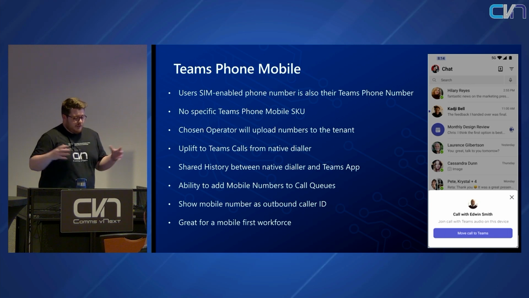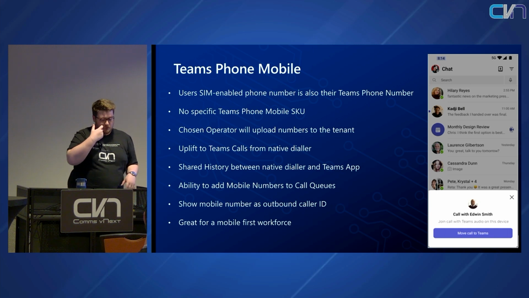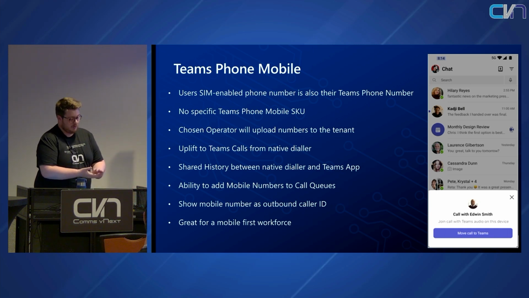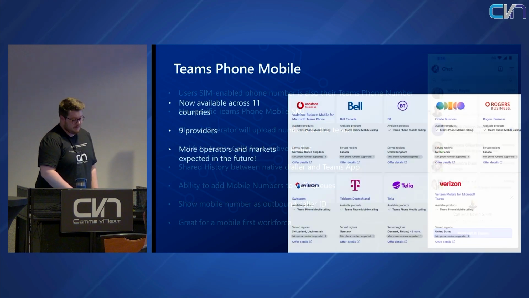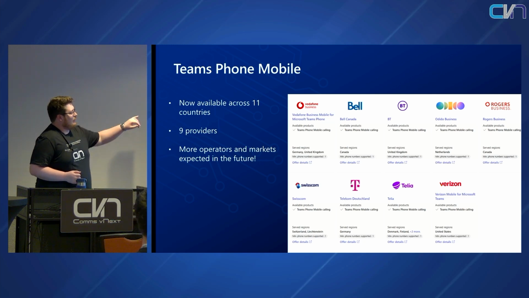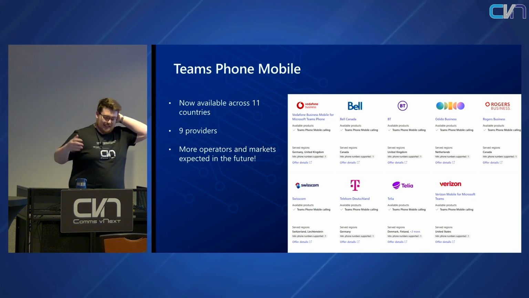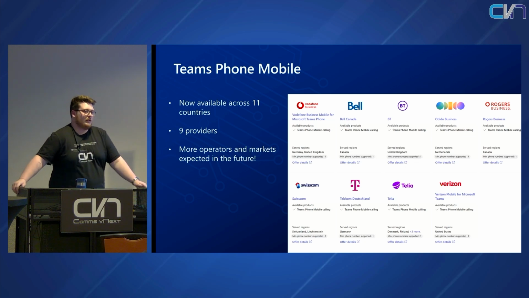It's a great choice for a mobile first workforce, if that's what you have or what you're looking to achieve with PSTN connectivity type. It's available across 11 countries. We currently have 9 providers, and you can tell by looking at that provider list that it's your big guys: Rogers in Canada, Vodafone, Bell, Deutsche Telekom, that sort of thing.